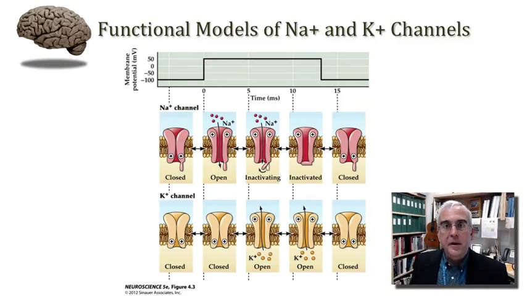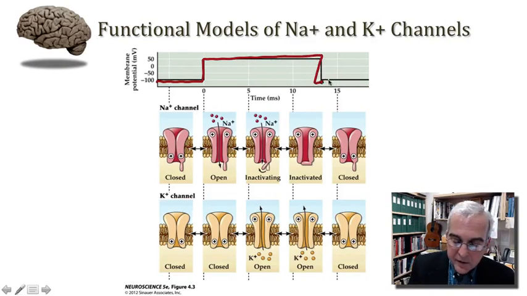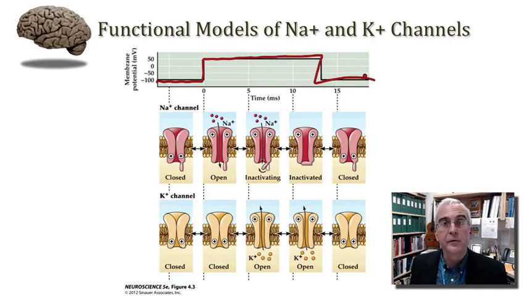Now, this is an experiment that should be familiar to you now. What we're doing is using our voltage clamp method to apply a step depolarization that is going to be supra-threshold, that is well above threshold for the generation of action potentials.